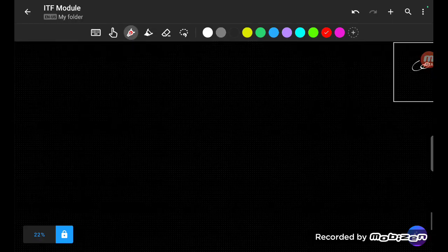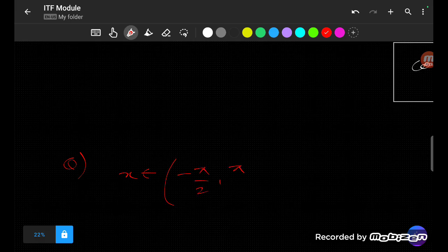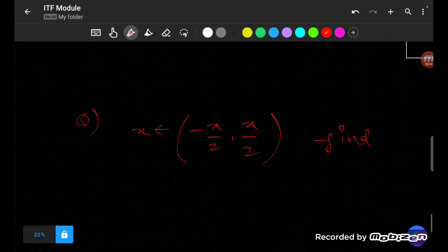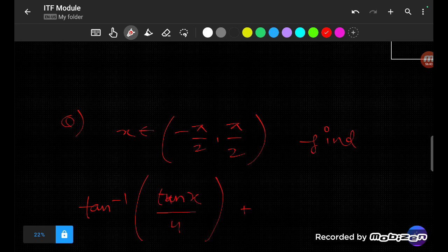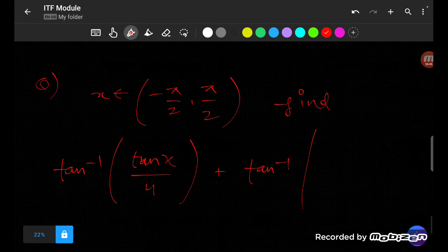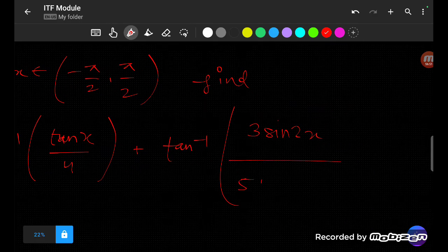This is the next question that we have on our list, ladies and gentlemen. If x belongs from minus pi by 2 to pi by 2, find tan inverse tan x by 4 plus tan inverse this.